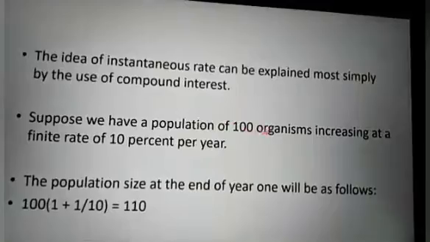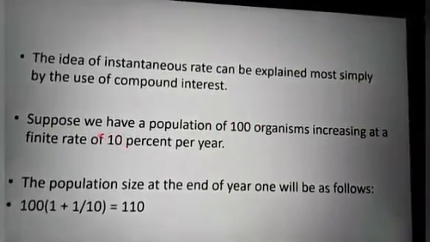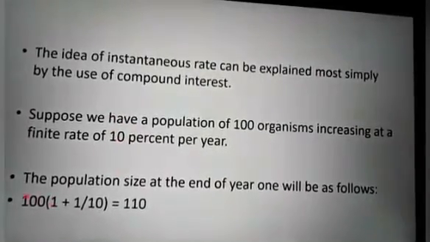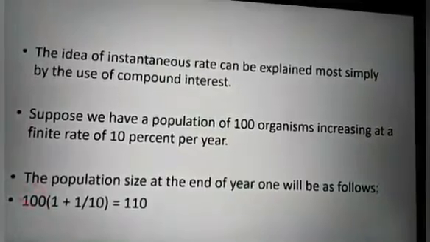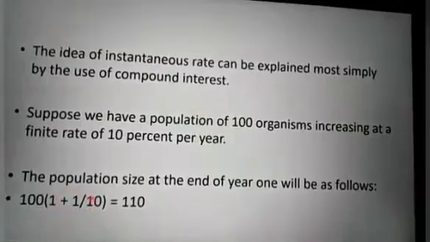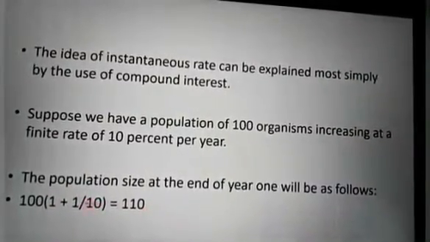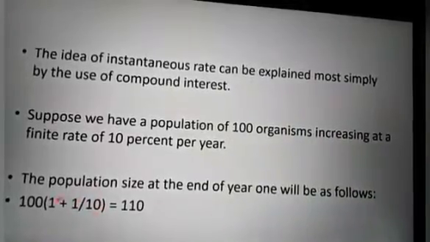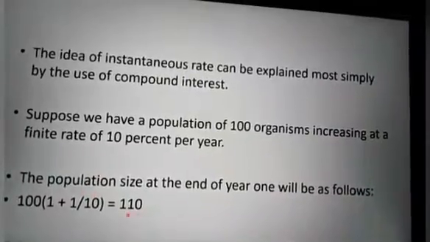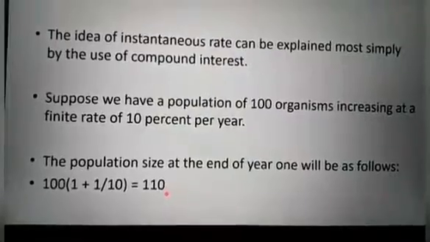You need to change this 10% into real numbers. So we say 100, which is the number that we begin with, into 1 plus 1 over 10, which is equal to 110. You work this out and then you will get this number. You will understand it as we go on.